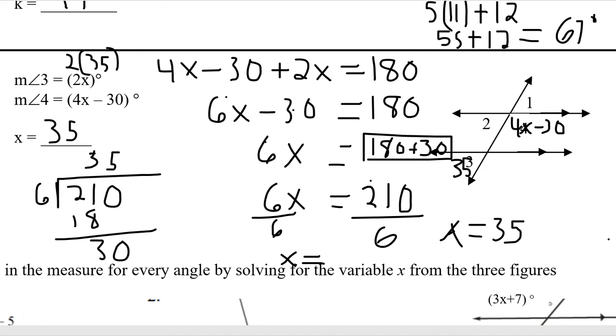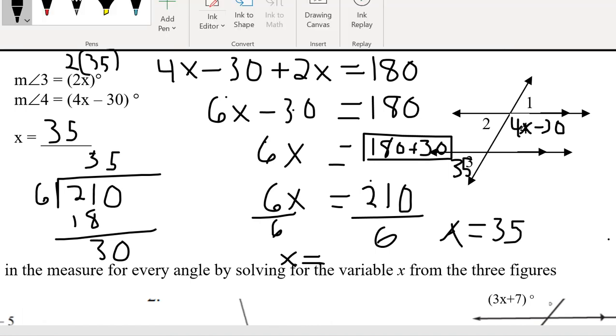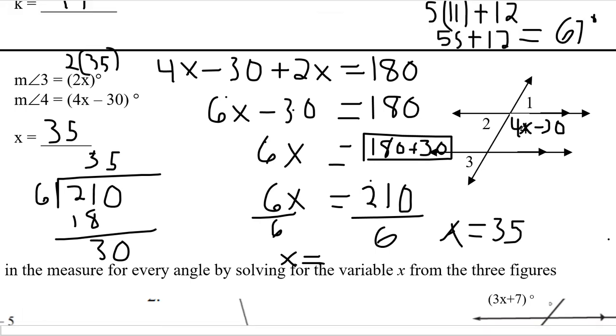No, not 35. 70. If that's 70, the obtuse angle is going to be 180 minus 70, which I believe gives you 110. So this is going to be 110. Or it's 4 times 35 minus 30. All right, that's the other way of doing it.